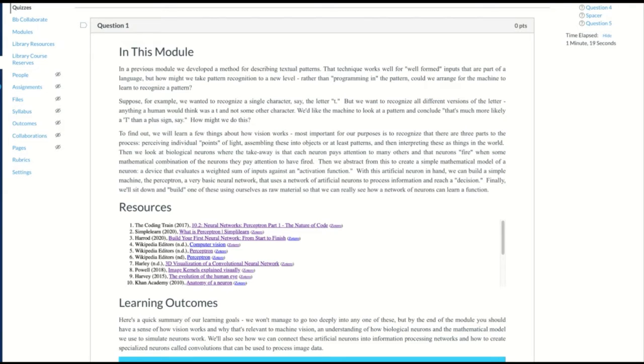Then can we interact with the machine to say, machine, look at this pattern, and I'm going to tell you that that is, say, a letter T. Then I'm going to show you another letter T, written slightly differently, in a different font or a different handwriting, and I'll say that one's also a letter T. And then I'll show it an A, and I'll say that's not a T. What I want to know is, can I build a machine that would automatically figure out what T's look like based on my having told it that a bunch of things are T's and a bunch of other things are not T's?